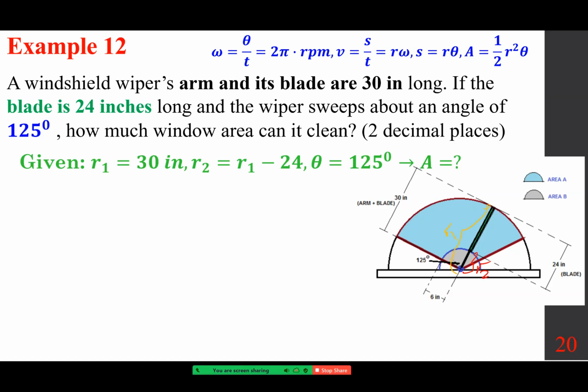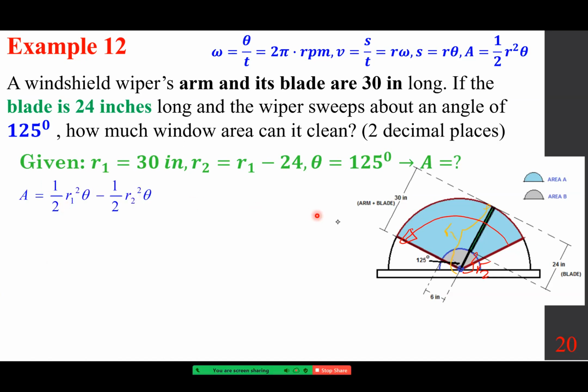The angle is 125 degrees. We want to find the area. So we find the area with the larger radius. We find the area with the smaller radius for the gray area, and that's what we are looking for.